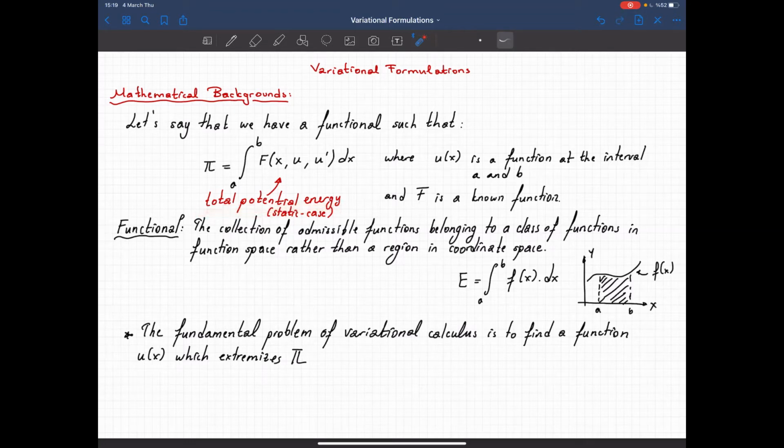We are trying to find a displacement field that makes this energy minimal. This is shown by this symbol. The sentence I wrote here, to find the function u of x which extremizes P, is written as follows: the variation of the energy P is defined as equal to 0, and this symbol is the variation symbol.